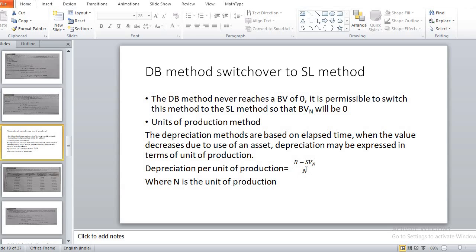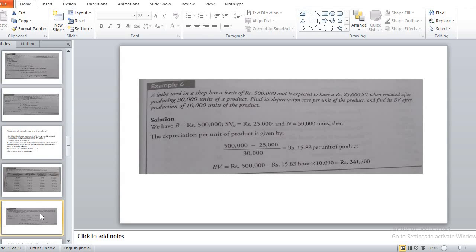So in this unit of production method, we replace the year or period of time in terms of production units. So these are the methods we discussed: the straight line method, declining balance method, sum of year digits method, and some approaches where the declining balance method switches over to the straight line method.